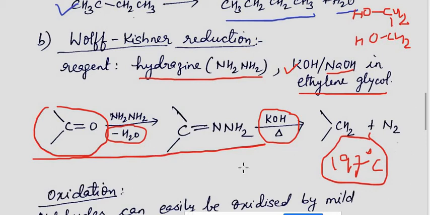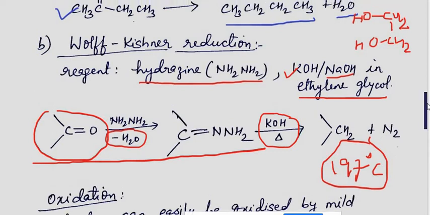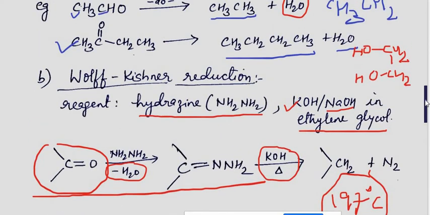Now we will see what is the difference between Clemmensen and Wolff-Kishner reduction. I told you the similarity: in both cases a carbonyl group is converted to an alkane. Then what is the difference? In Clemmensen the byproduct is water, while in Wolff-Kishner the byproduct is nitrogen.